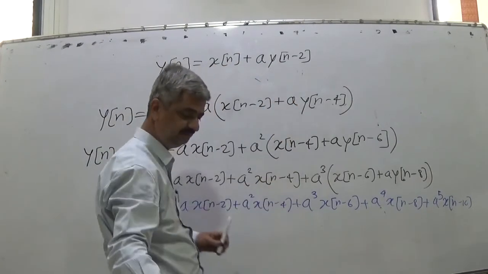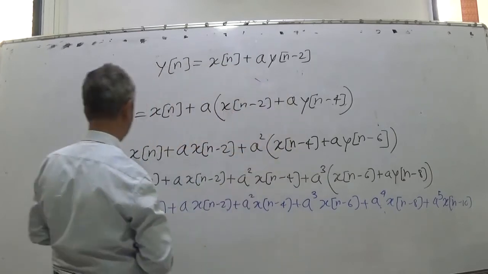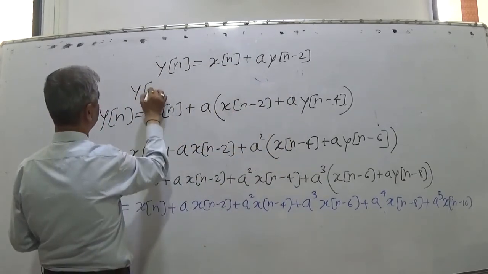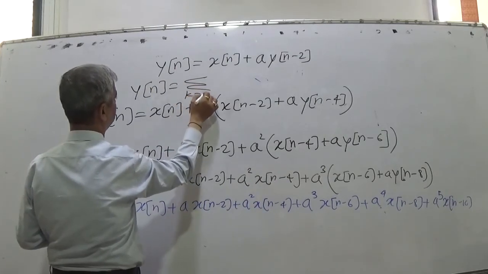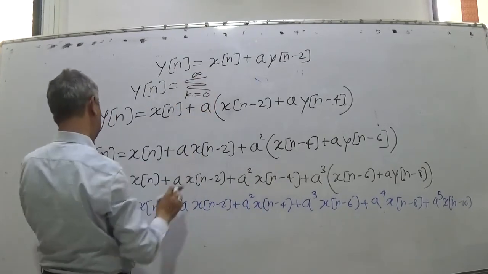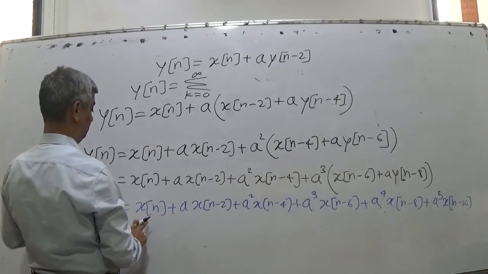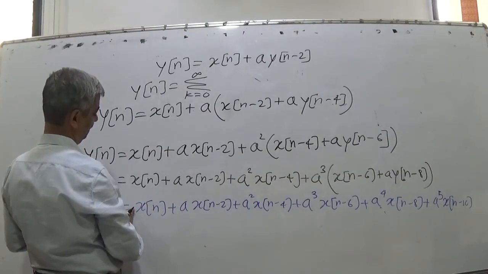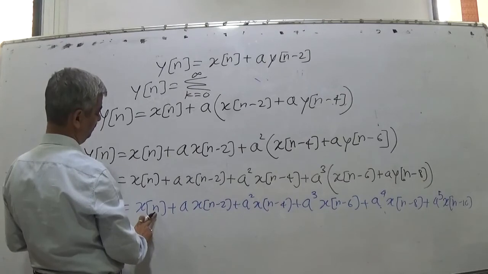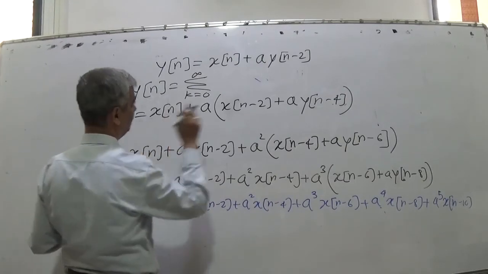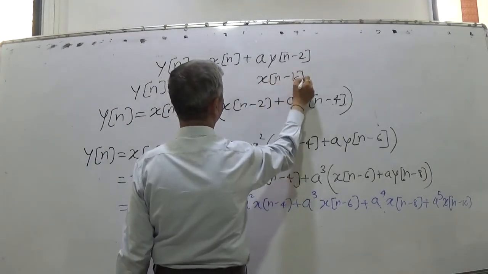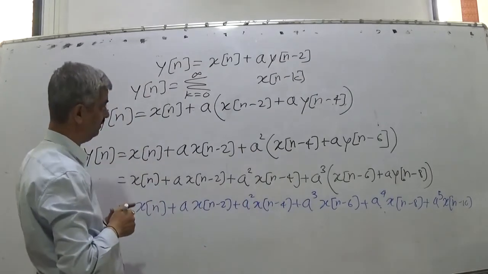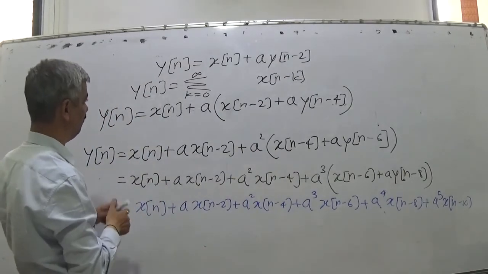yn is the summation of k equal to 0 to infinity. This is 1 for n equal to 0, meaning the current sample coefficient is 1. So when I have x of n minus k here, when k is 0, this is 1.